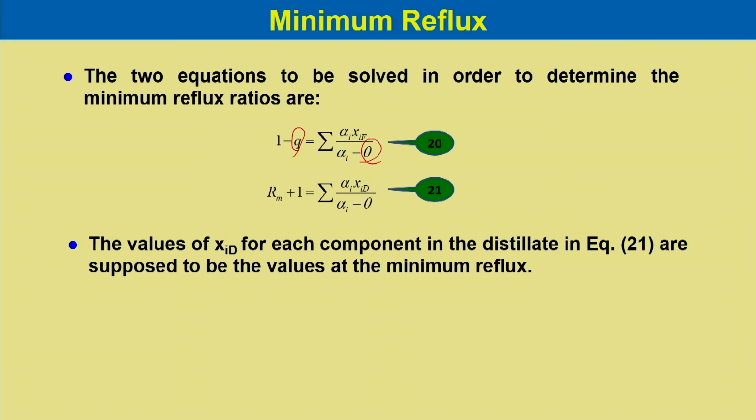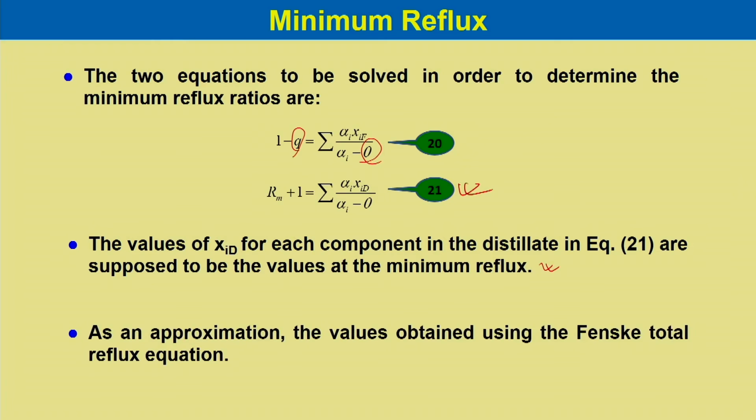The values of x_id for each component in the distillate in equation 21 are supposed to be the values at the minimum reflux. As an approximation, the values obtained using the Fenske total reflux equation can be used.